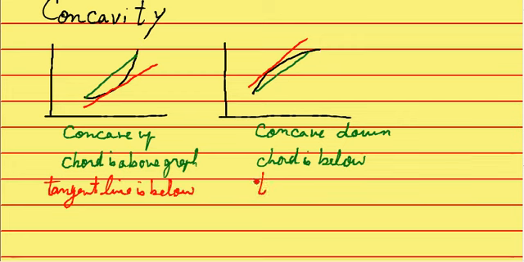Here, the tangent line is above the graph. Once again, it's not going to help us to figure out which one of them is happening unless the picture is already drawn. And if the picture is already drawn, the puzzle is already solved, there isn't really much to do. So we are still looking for something else.